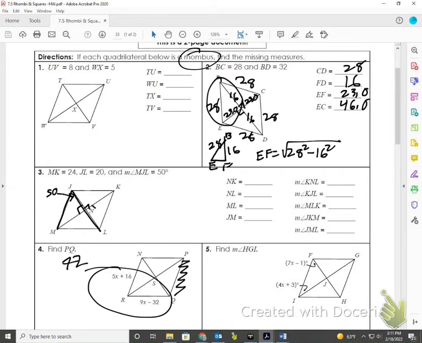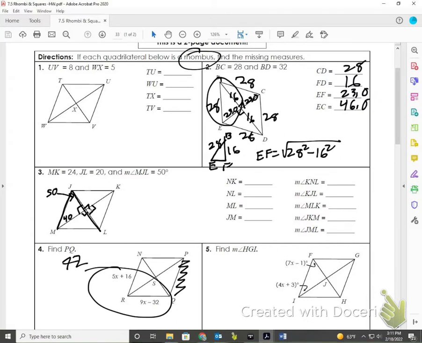So all of these middle ones are 90. And because all three of these right here have to add up to 180, we know that JMN is going to be 90 plus 50 is 140, so this is going to be 40.